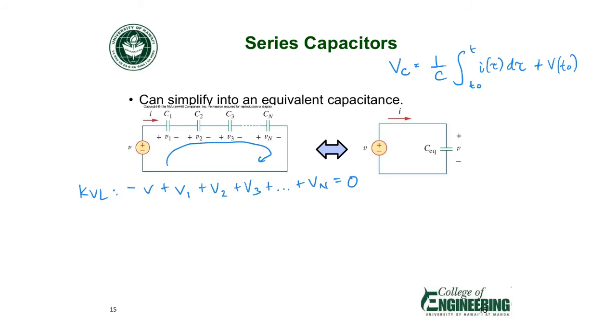So let's make our KVL equation V equals V1 plus V2 dot dot dot to Vn.